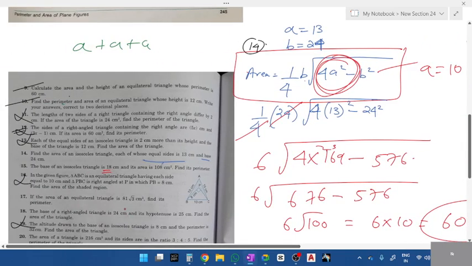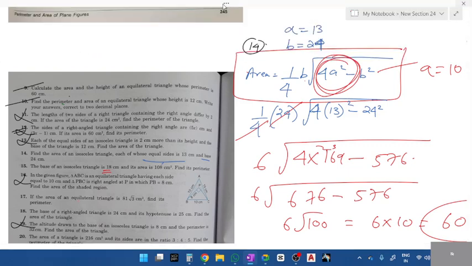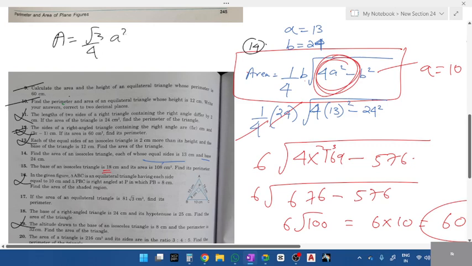Next, 17th question. What do you have to find? Area is given. Area of what is given, students? So which formula do we use? Look here, I'll just explain. What is the area of equilateral? Root 3 by 4 A square. In place of A, what do you have to substitute? What's the value of area given?